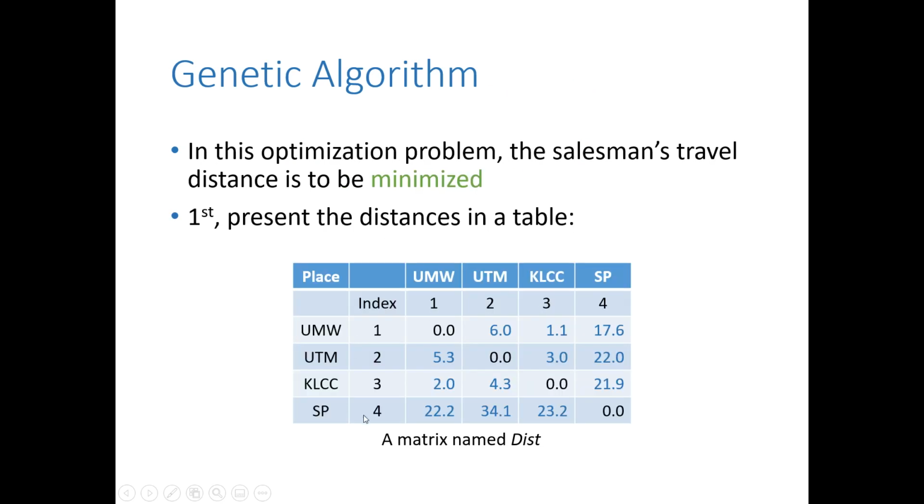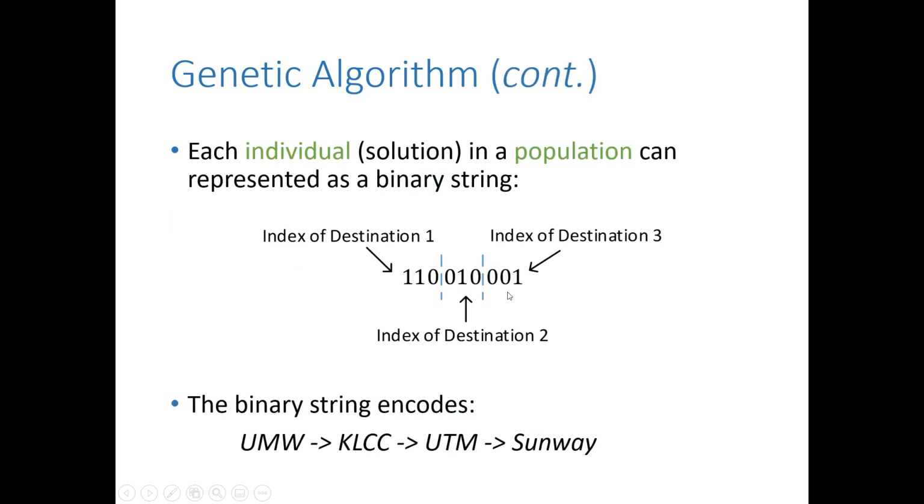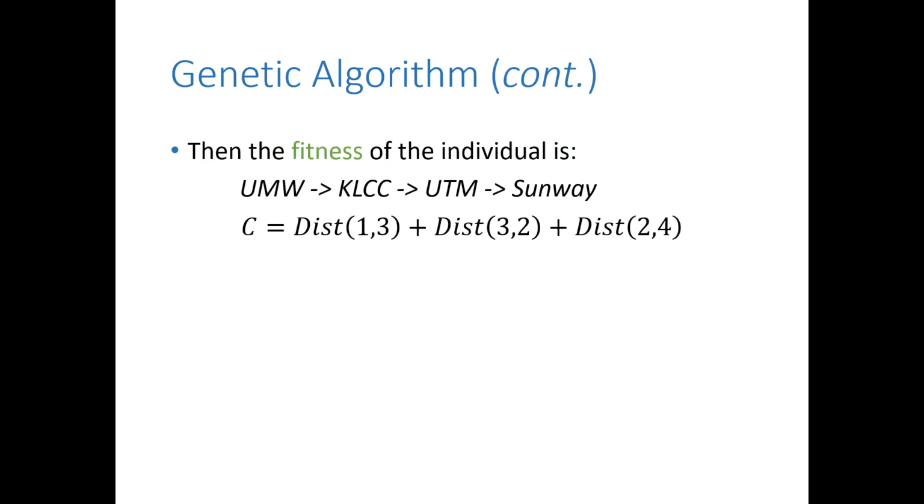Sunway is number 4 and this is 4. So the fitness or the cost function is simply the summation of the 3 distances. This is what we want to minimize.